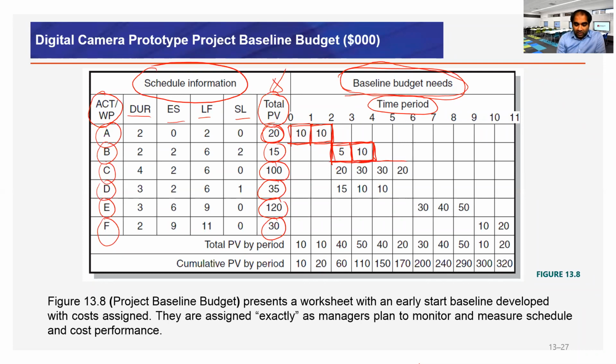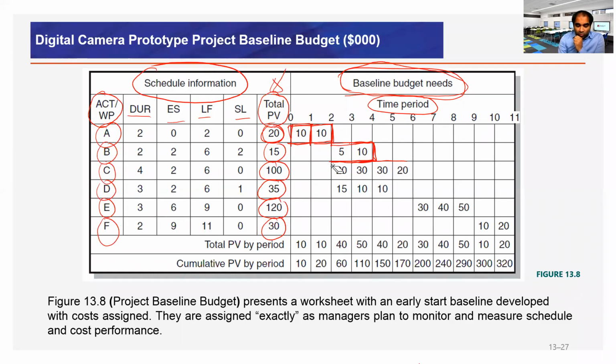You can see there is no specific trend. For activity A it is a simple 10 and 10, we divided 50-50, but for example for C it is 20, 30, 30, 20. So there is no specific set of rules. These are activity dependent, depending on the nature and type of work involved in that work package.